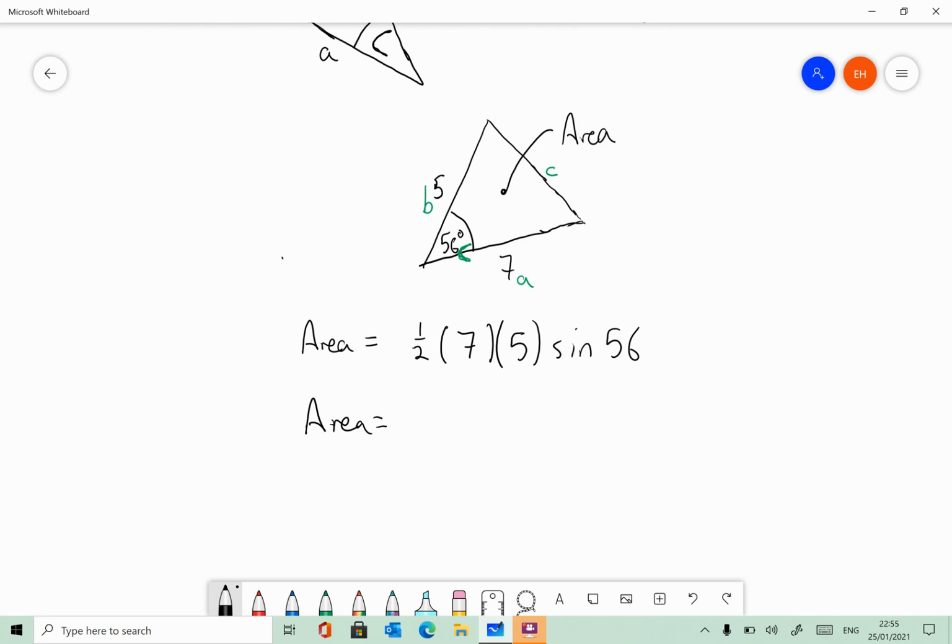My calculator was set up in radians, so I need to turn that into degrees. So the area is 14.508. And if these were centimeters, we would have centimeters squared here. So once we label up our triangles, these questions tend to fall apart.